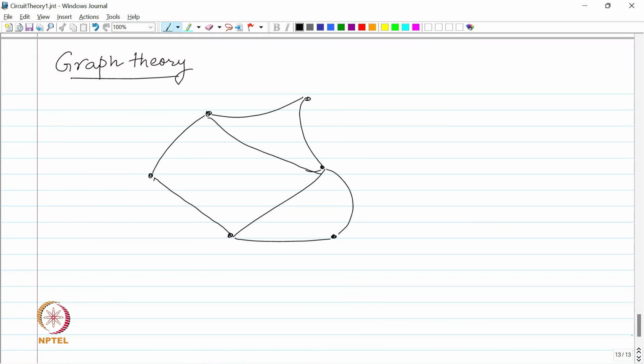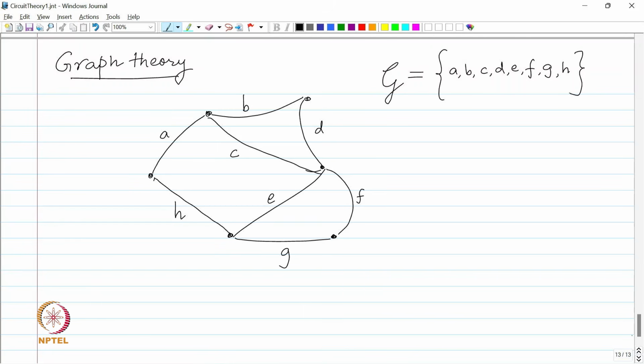And let us label these. So, my graph G is the set, is this okay?